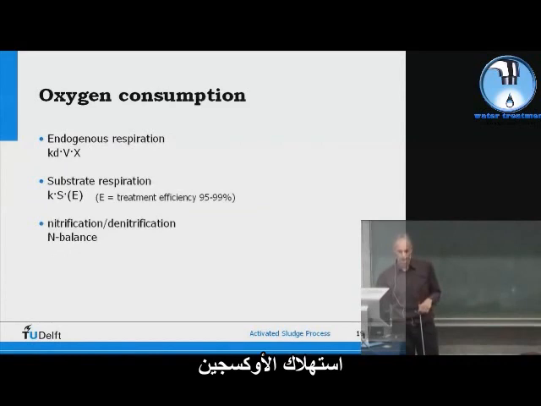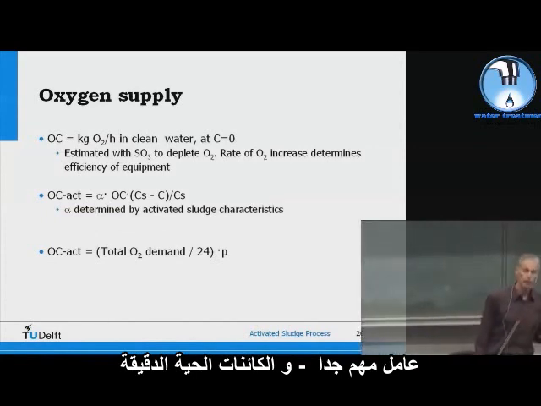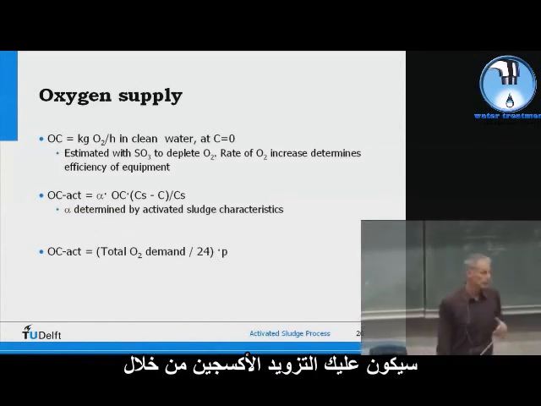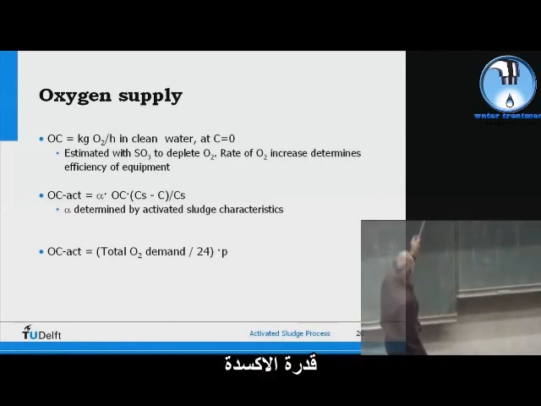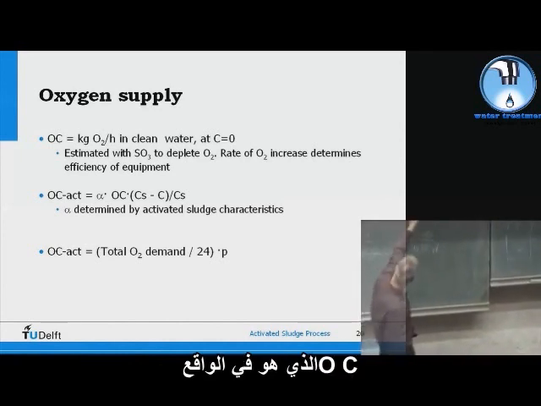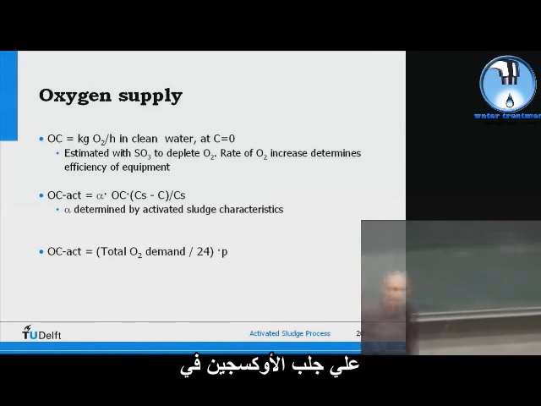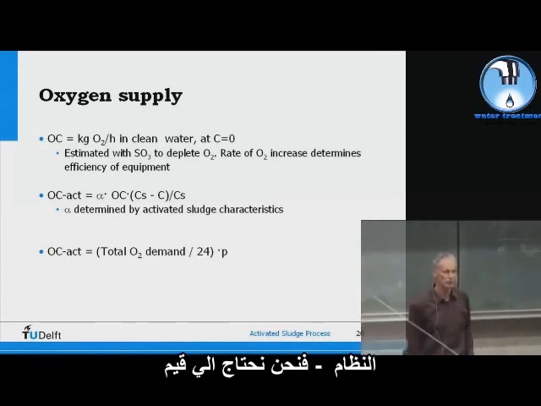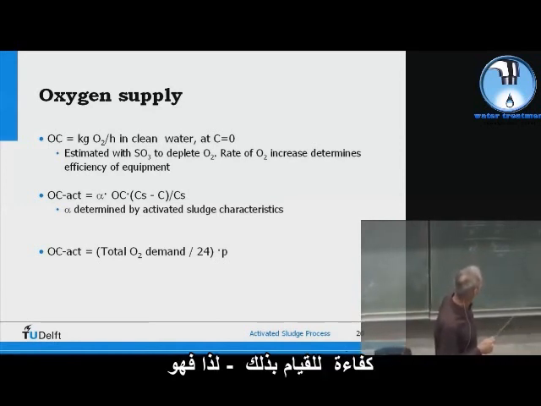Oxygen consumption. The microorganisms will consume oxygen, as explained, and you will have to supply oxygen through aeration. So there will be an oxygen consumption. The oxygenation capacity, the OC, is in fact the capacity of the aeration system to bring oxygen into the system. So we need high values for that, of course, and efficient equipment to do this.